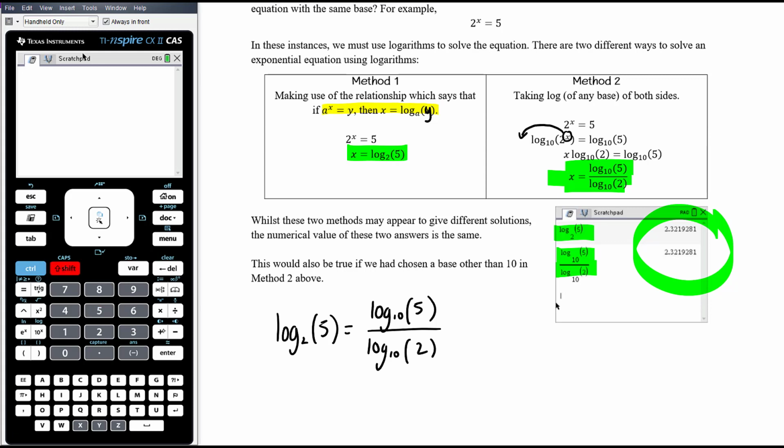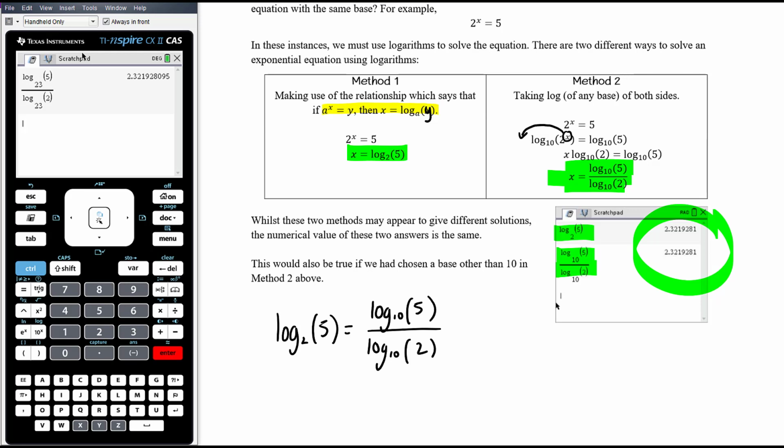If I instead did log base 23 of 5 over log base 23 of 2, and press Control Enter to get a decimal, that would also give us the same answer.